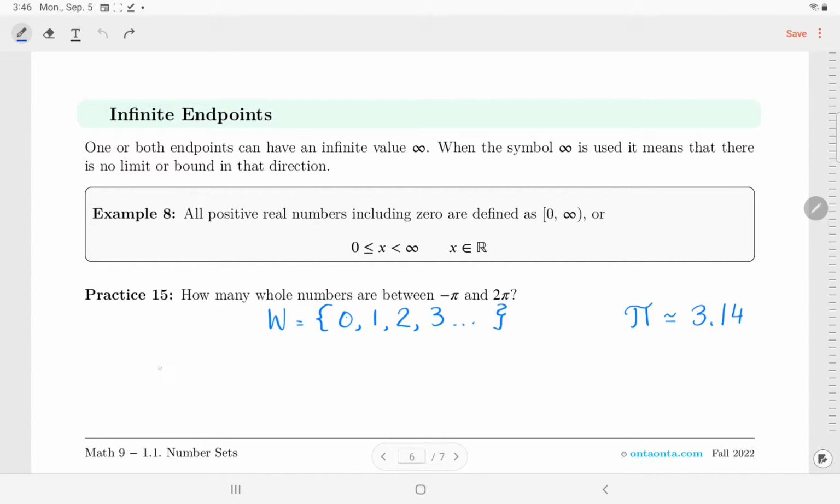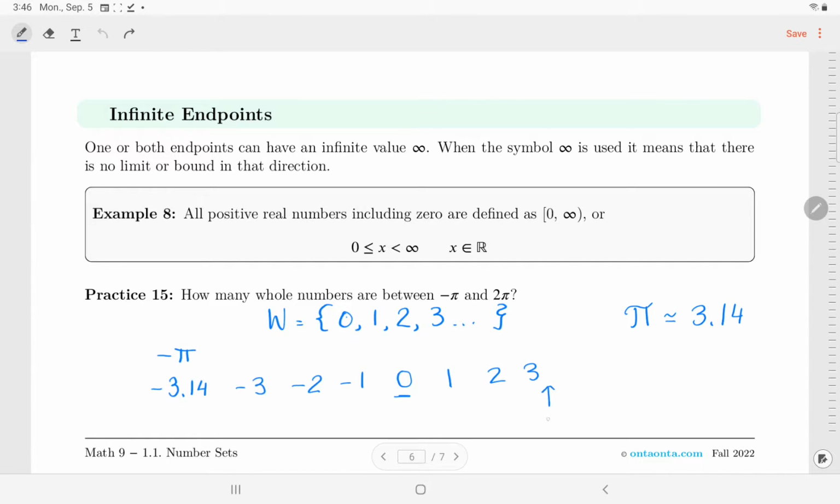So if we start from -pi, we are starting from -3.14. Then we have -3, which is an integer but not a whole number, -2, -1, and now the whole numbers begin. The whole numbers begin with 0, 1, 2, 3.